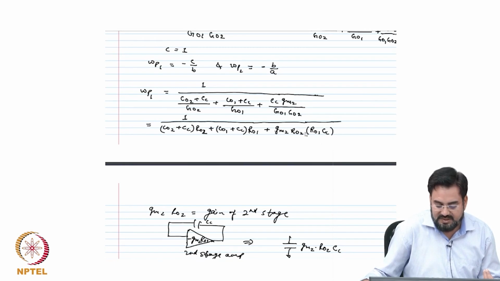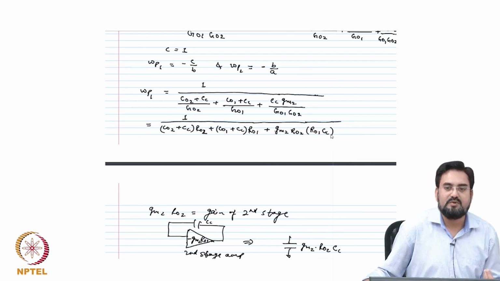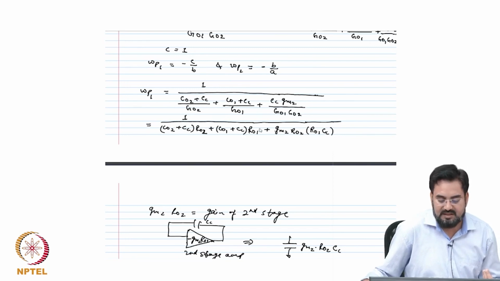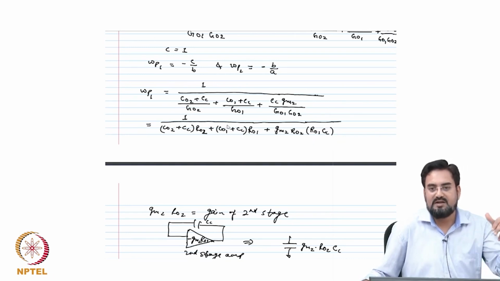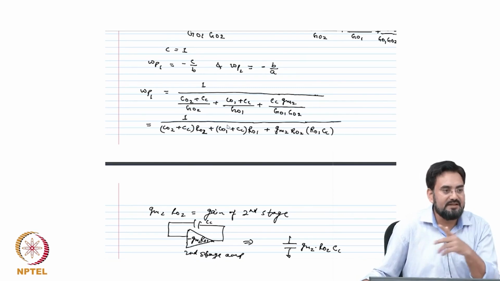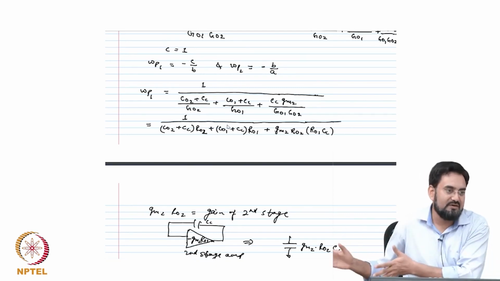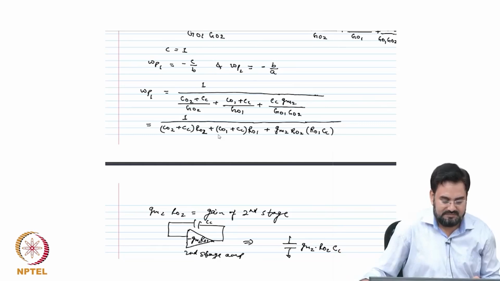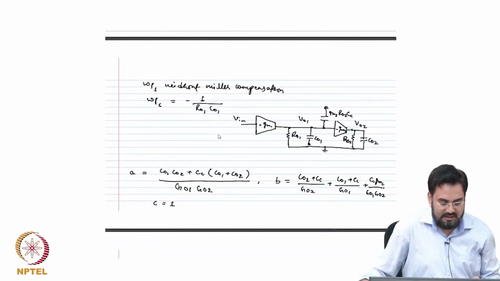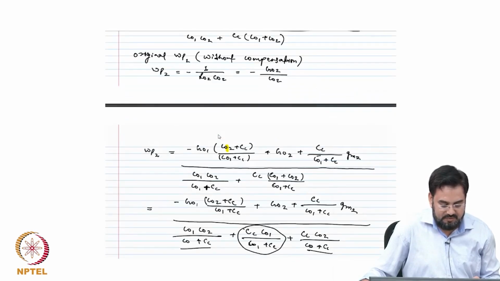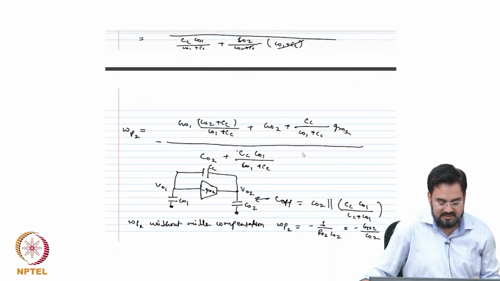Now, Cc is multiplied by your gain, and that is what the effective pole becomes, and these two terms are much smaller compared to this because it is multiplied by gain. So, ignore this. So, your pole location will be 1 over R out multiplied by Cc multiplied by the gain of your second stage, and omega p2 comes from this.